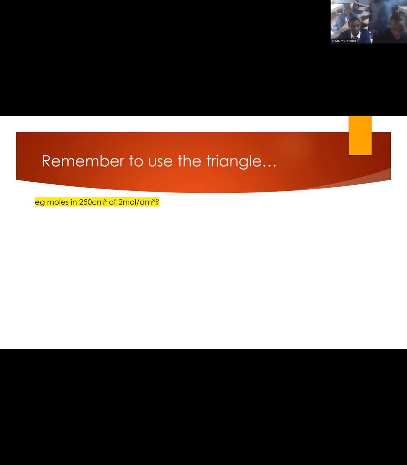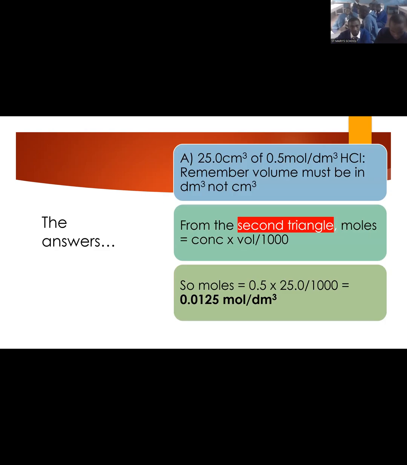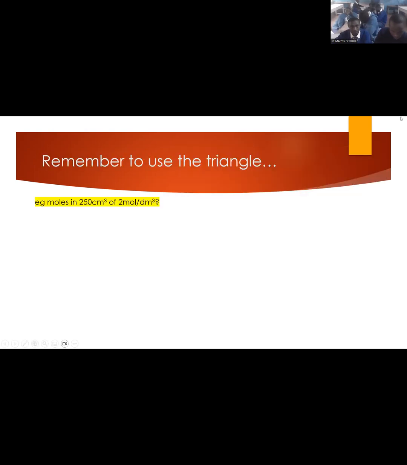How many moles in 250 cubic centimeters of a concentration of 2? Well, what we would do is we have to remember that the moles is at the top, concentration is at the bottom, and volume over 1,000 is over here. So moles equals concentration times volume divided by 1,000, which in this case would be 2 times 250 over 1,000.